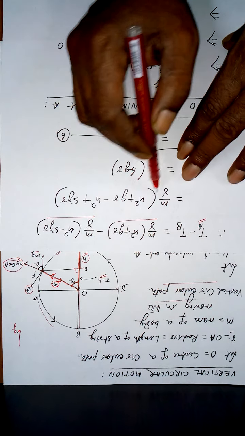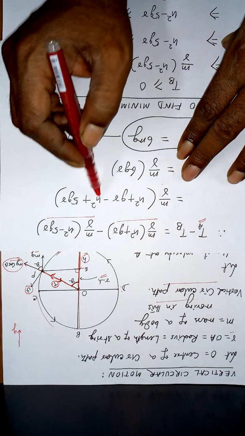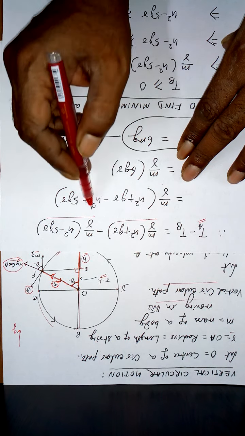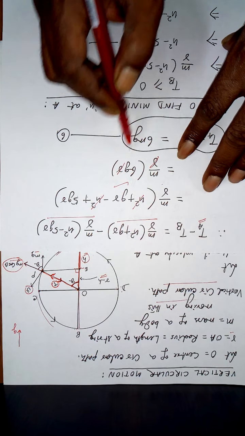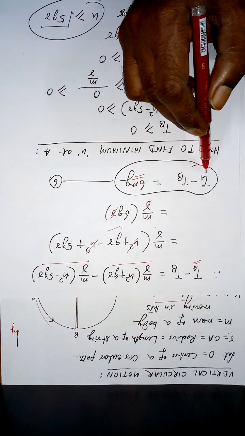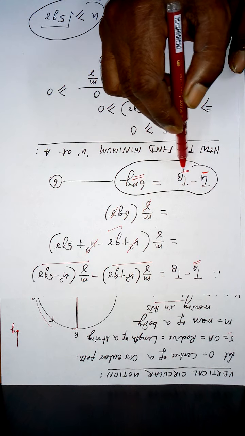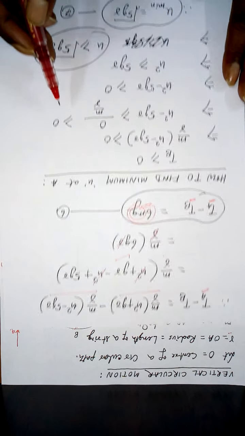I subtract. I take m by r common. I am left with u² plus gr minus u² plus 5gr. So this cancels. 5gr plus gr is 6gr, r cancels. So 6 times mg. So the difference of tension between the lowest point and the highest point is equal to 6 times the weight mg of the body.